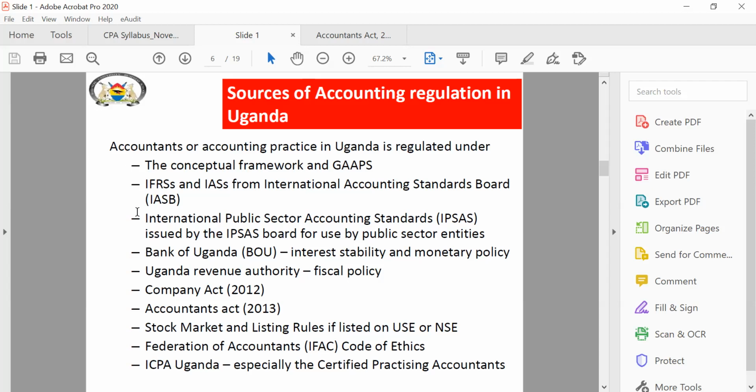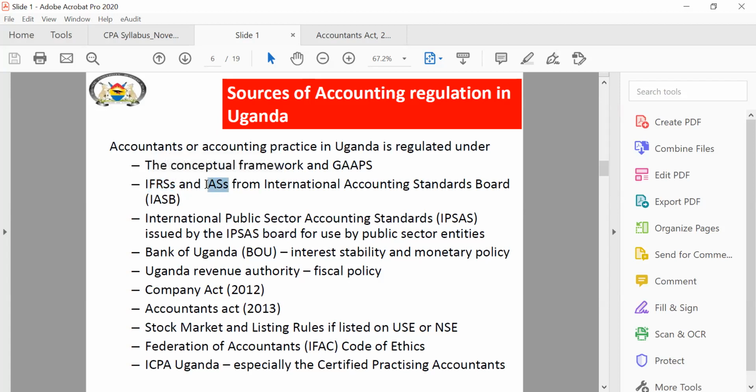Okay. The International Public Sector Accounting Standards Board, IPSAS. Now, IPSAS relates to the public sector, government. Okay, government and other public sector entities governed by the IPSAS board. Then we have the IFRS. IFRS is International Financial Reporting Standards.